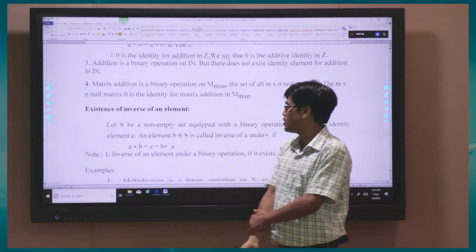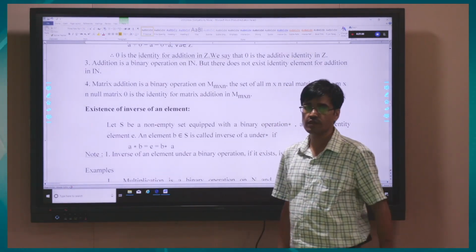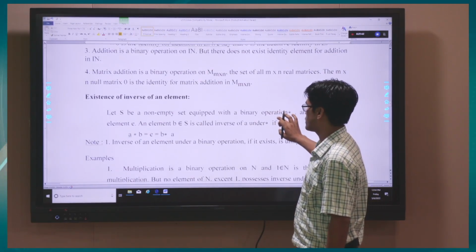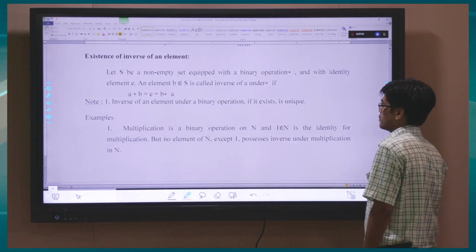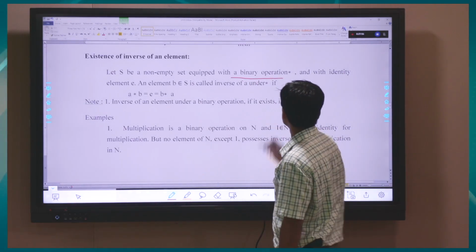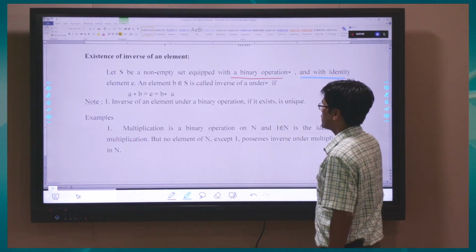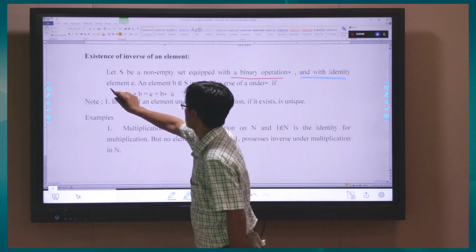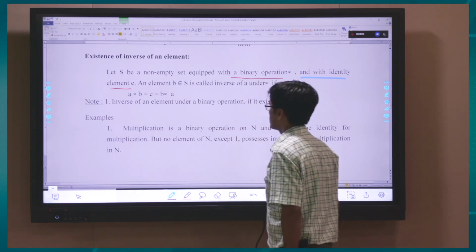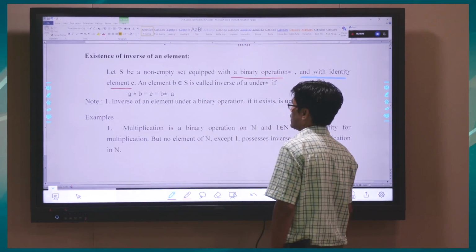So the next property is the existence of an inverse of an element. Let S be a non-empty set equipped with a binary operation star and with identity element E. Star is a binary operation on set S and E is the identity element.